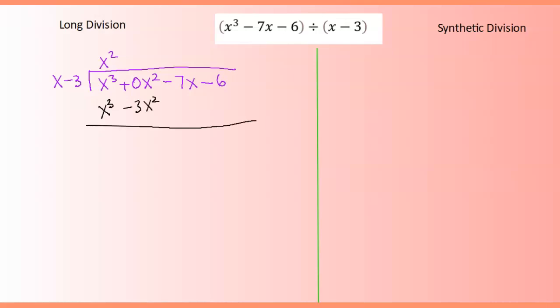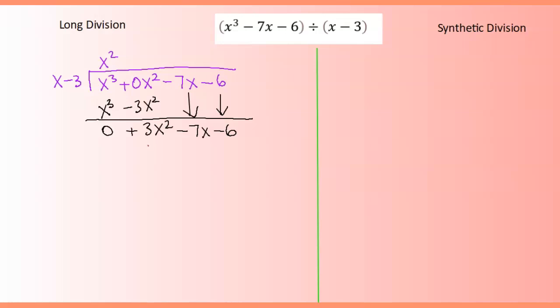You underline that. Here will give you 0. You subtract. And here you're subtracting. So it kind of is 0 minus negative 3. That's going to turn this into positive. You drop down this here, negative 7x. And you drop down this negative.